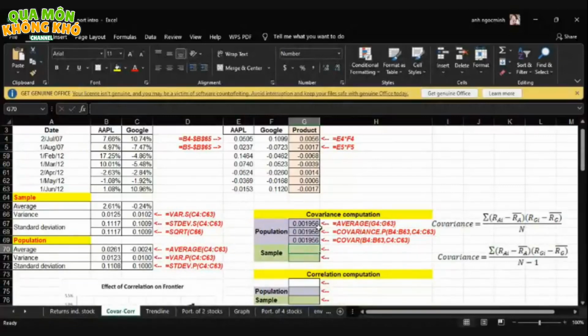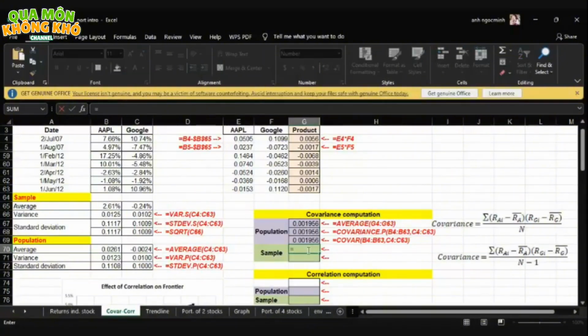Here are the results for covariance of populations. And next is for sample.